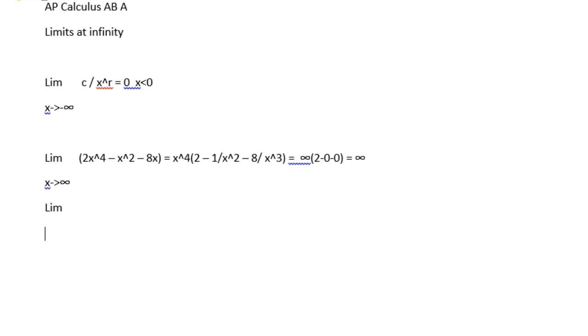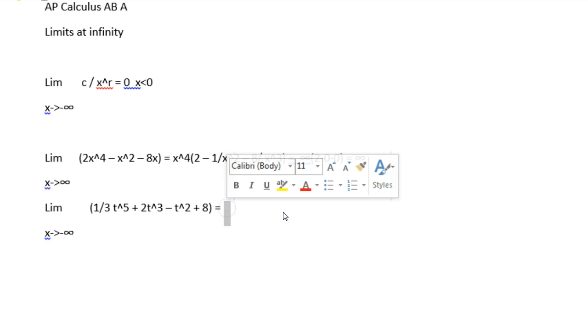Let's say the limit as x approaches negative infinity of 1/3 t to the 5th plus 2t to the 3rd minus t squared plus 8. Okay, so notice the biggest is t to the 5th, so I'm going to factor that out.